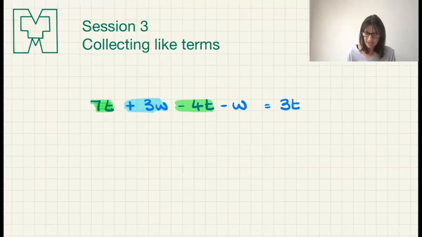I'm at 3 on the number line. And it says take away. It's directing me to take one of the w's away. So if I've got 3 and I take away 1, I have got 2w. And it's a positive 2. 3 take 1 is 2. No minus fell out of my mouth when I said the answer. Okay, I hope that's making sense. All right, let's try another question.